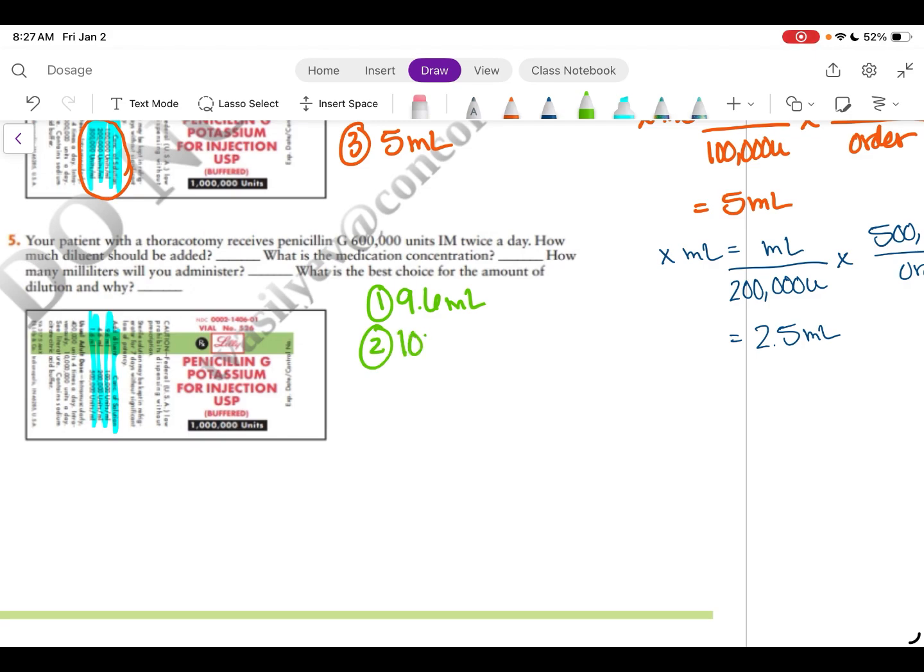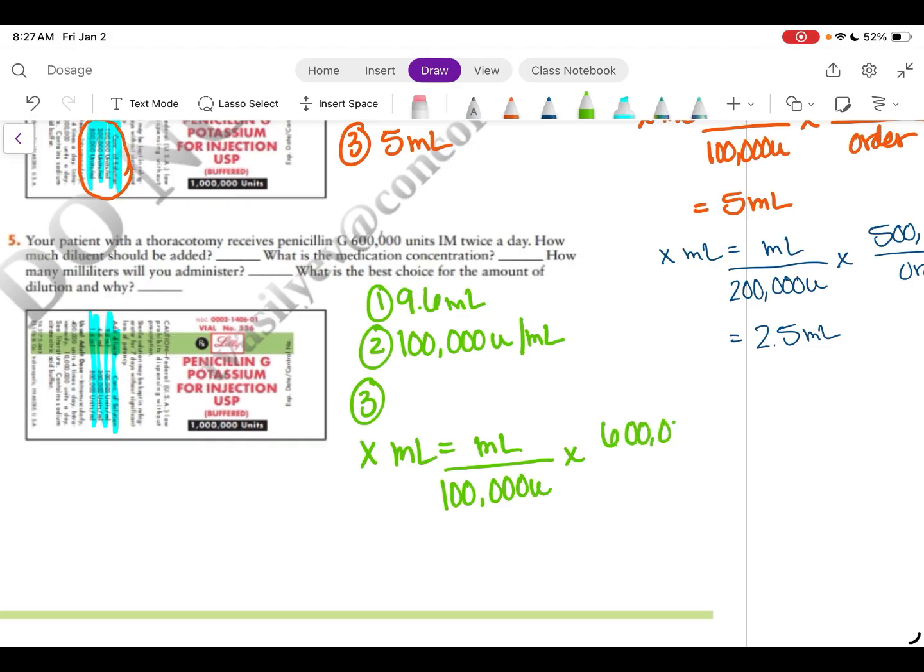Well, it's going to be 100,000. Okay. And then how many milliliters will I administer? Let's figure it out. X mL. All right. I'm using my chosen concentration because of my chosen diluent amount. So in this case, I'm getting 6 milliliters, okay?